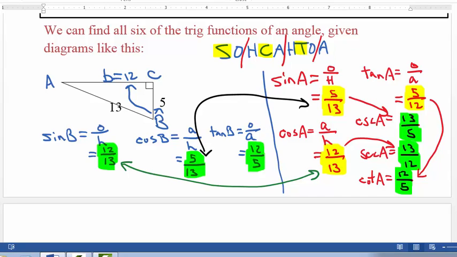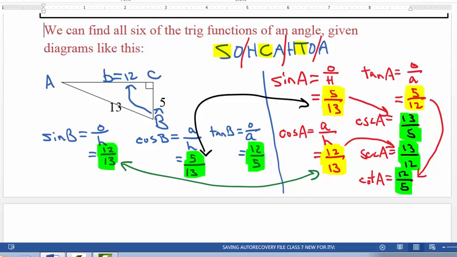And it should probably be kind of clear why that happens because of what we said before, right? Remember how the opposite and the adjacent switch? So the side that is opposite A is actually adjacent to B, and the side that is opposite to B is actually adjacent to A, right? So right there you can see why the sine of B was equal to the cosine of A, and the cosine of B was equal to the sine of A.